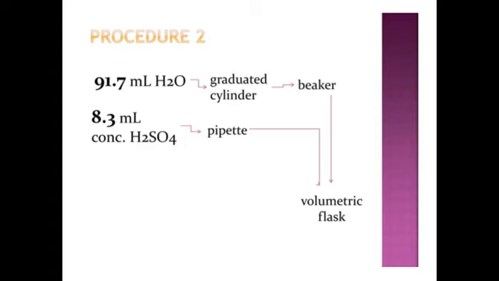prepared that solution. Now you might ask why is this one different from the other one? Why are we not doing 91.0 ml of H2O, then add 0.7? You can decide to do that as well. There is no hard and fast rule to it. You can decide to do 91.0 ml of H2O, then you now add 0.7 ml.